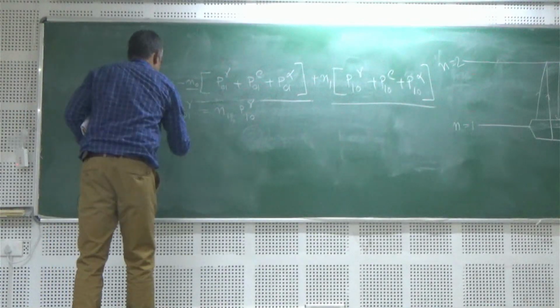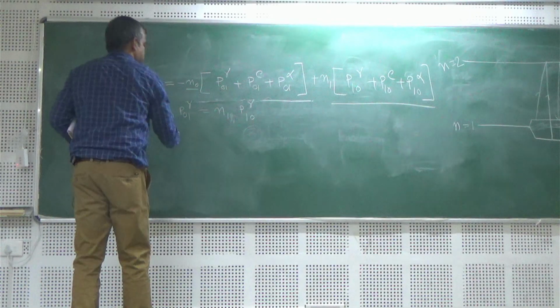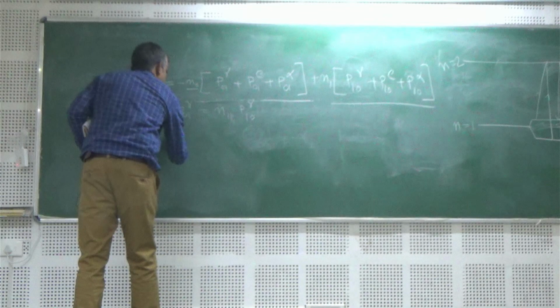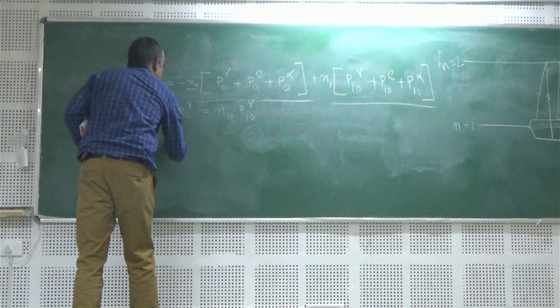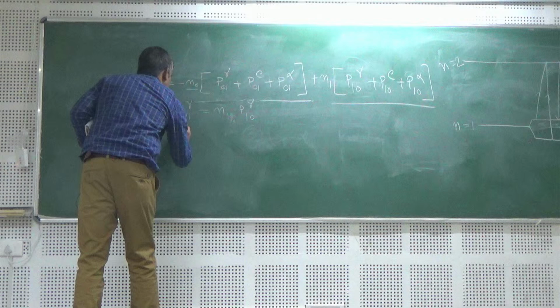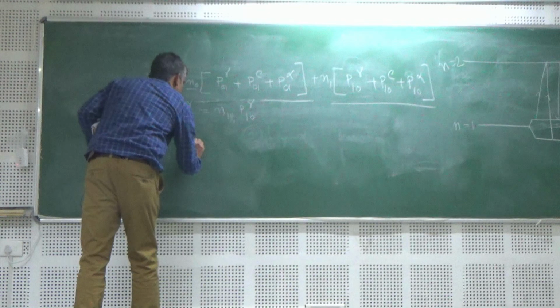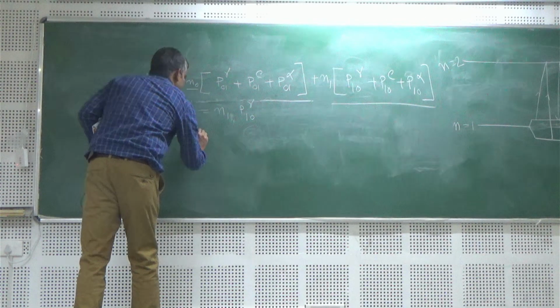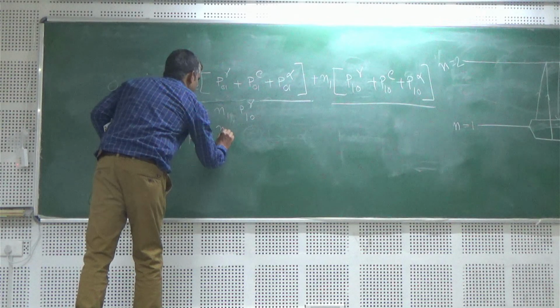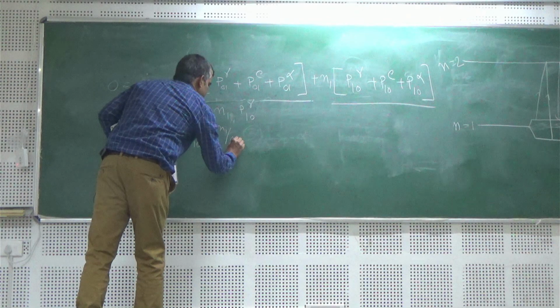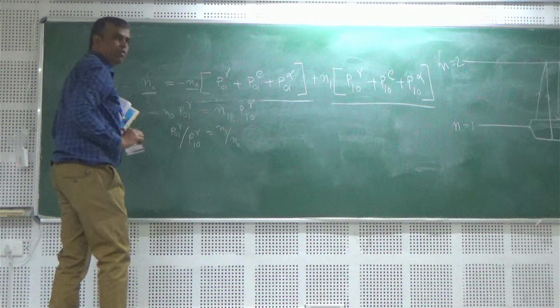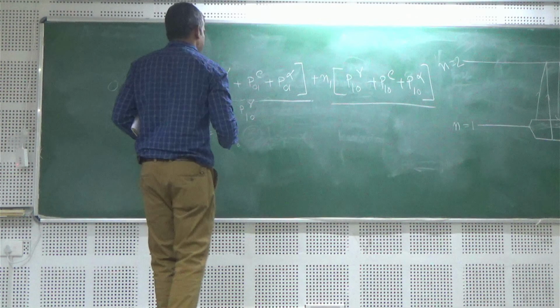Okay, so we can write P01 gamma over P10 gamma is equal to N1 by N0.